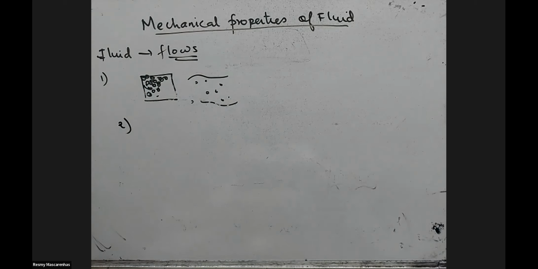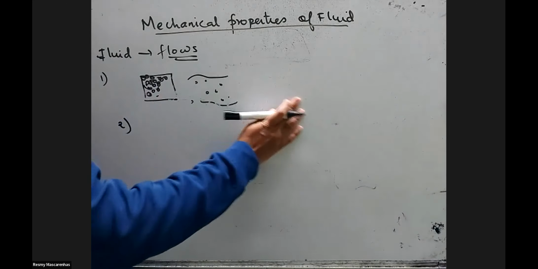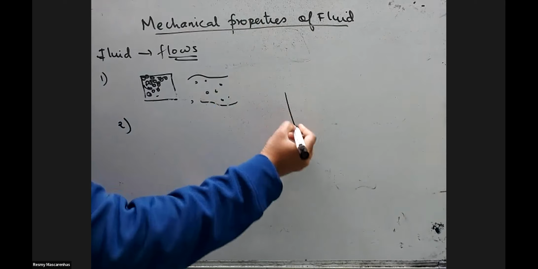A fluid cannot withstand tangential or shearing stress for an indefinite period. It begins to flow when a shear stress is applied. Shear stress we had studied in one chapter under mechanical properties of solids.